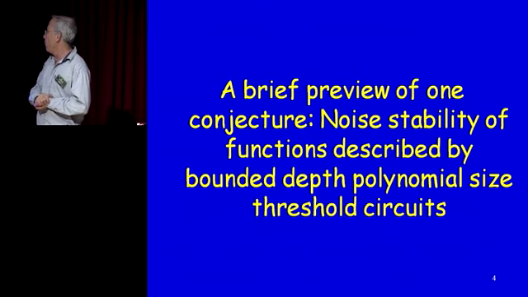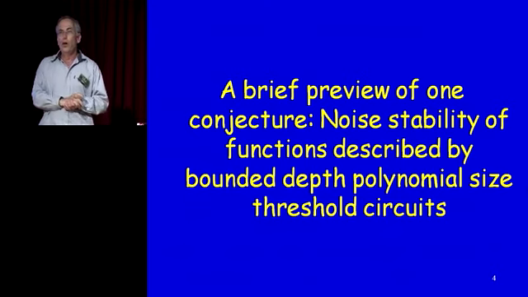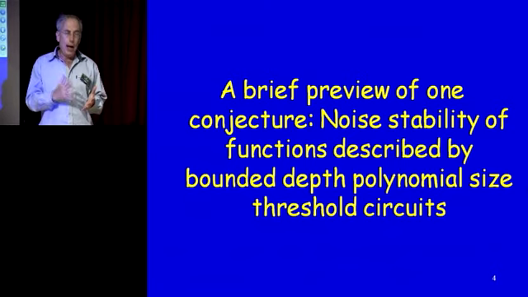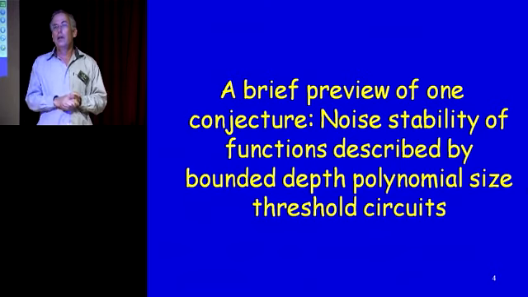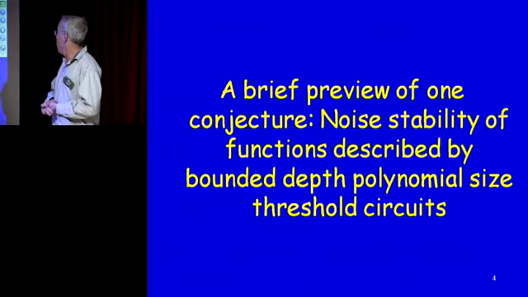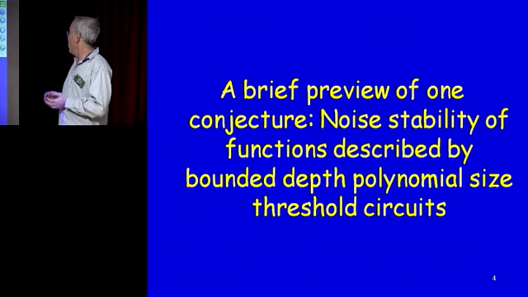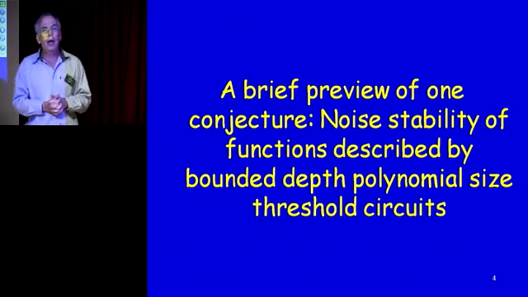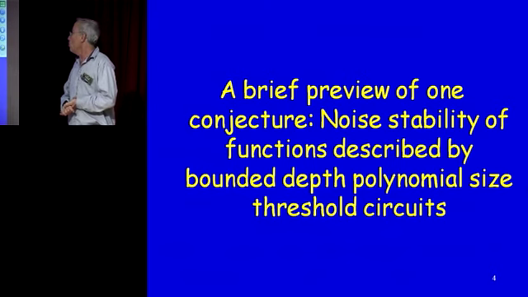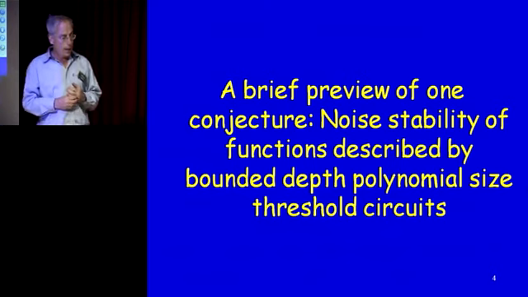This means that the value of the function will not change much if you apply a small noise, and here small should be 1 over poly of the size to the power of some constant times the depth, but let's just say small.